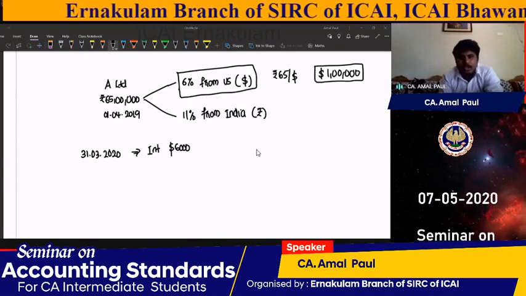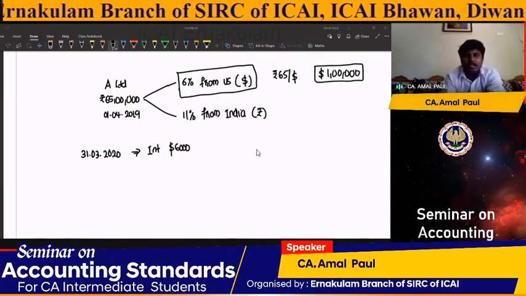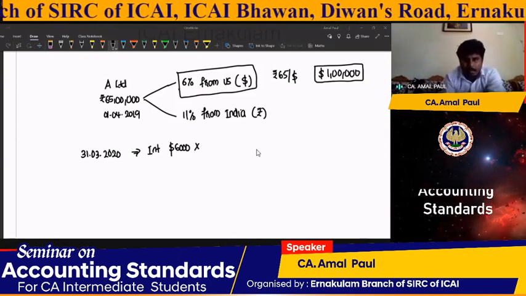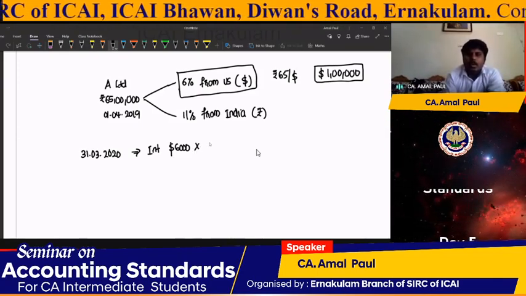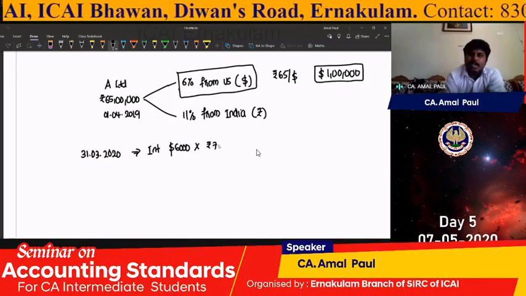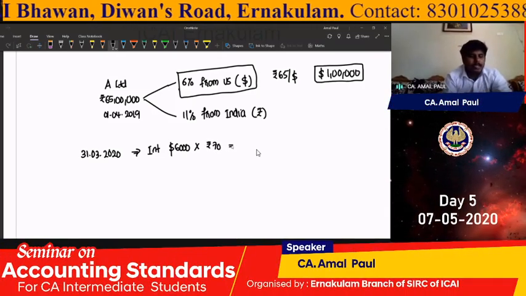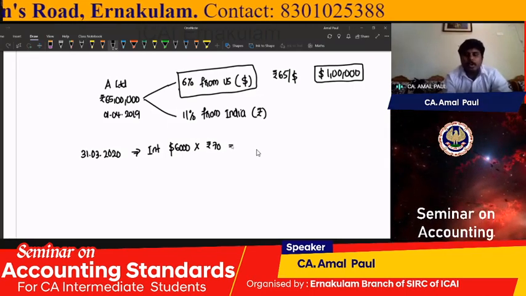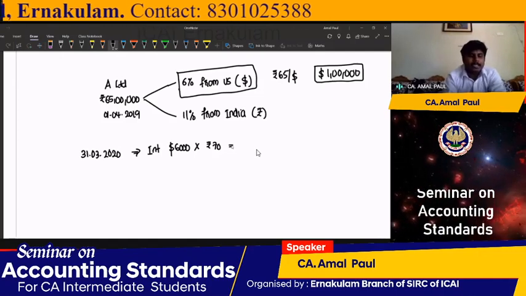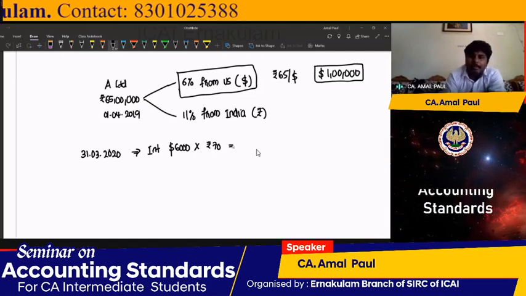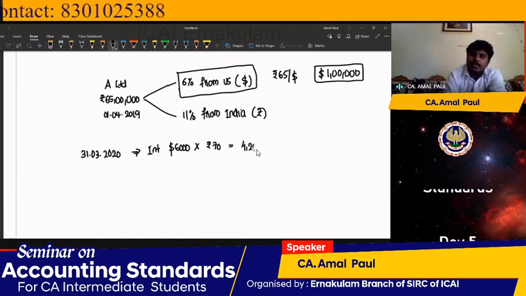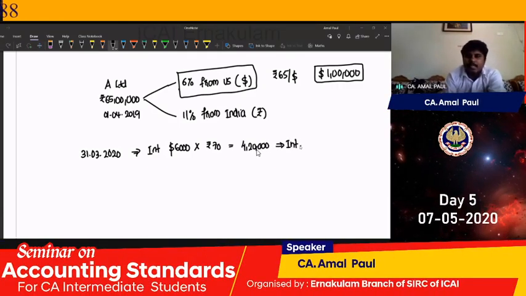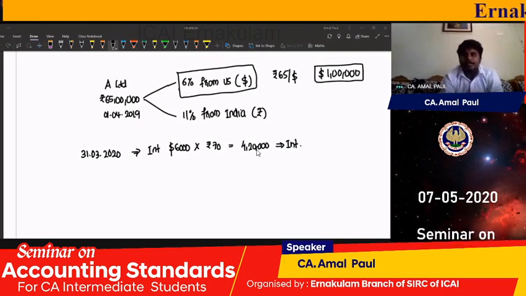You will convert Indian currency into foreign currency. On that date, rupees 70 is the exchange rate. So 6,000 US dollar at 70 rupees, you will pay 4,20,000 as your interest. This is your normal interest and other commitment charges.